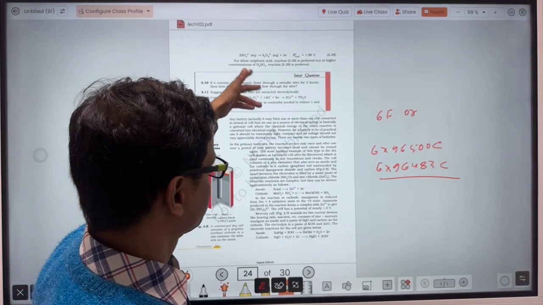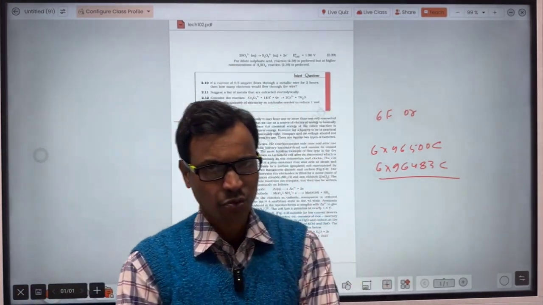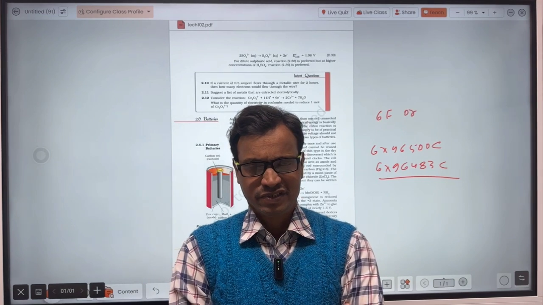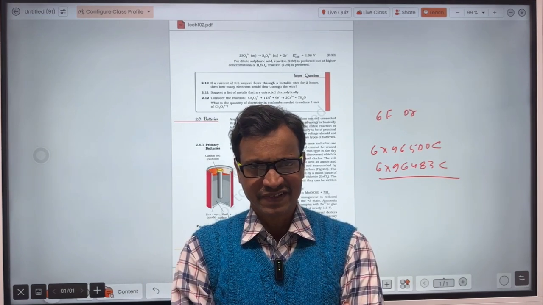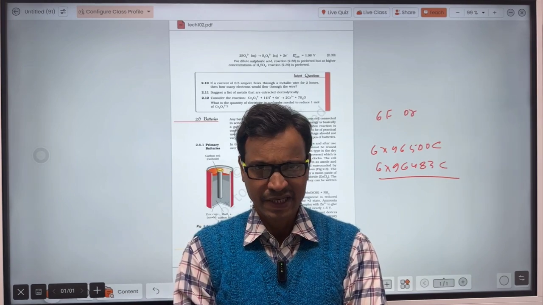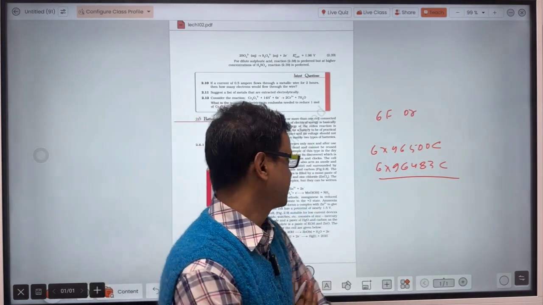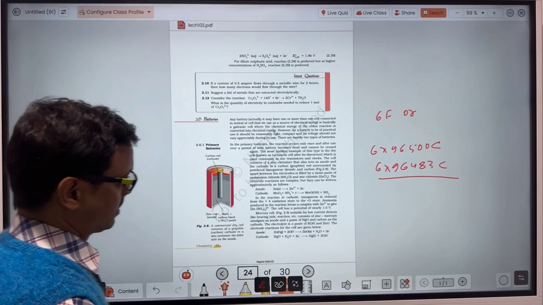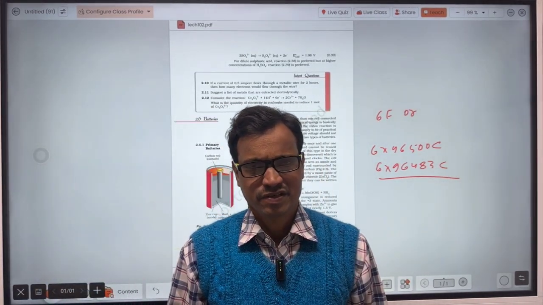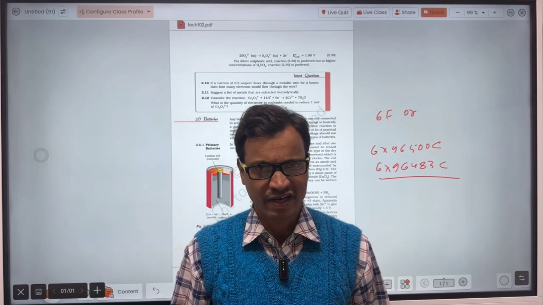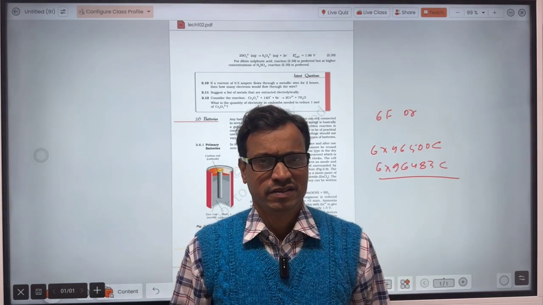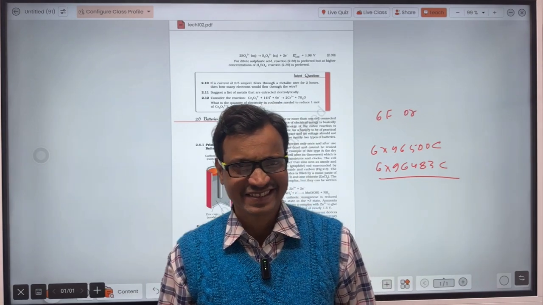Out of these 3, 2 questions were highly important for the JEE Main examination as well as for the 12th board examination and the NEET examination. In the next class we will discuss batteries and a few more important questions for the 12th board examination as well as for NEET and JEE Main.